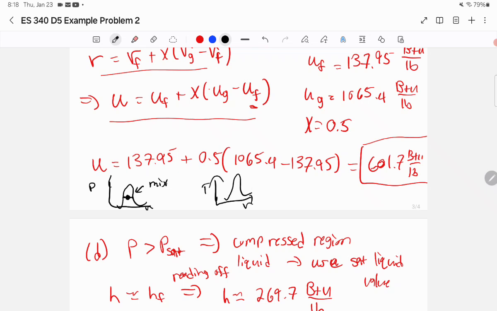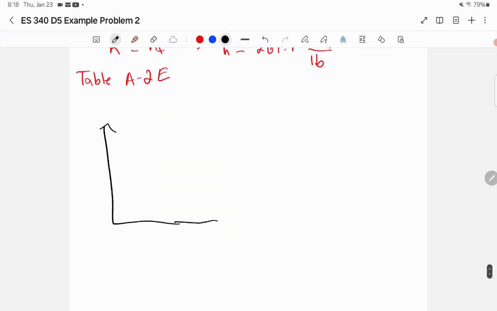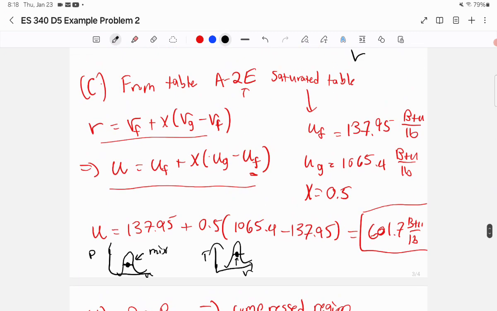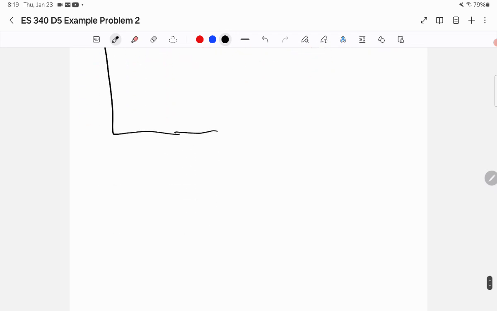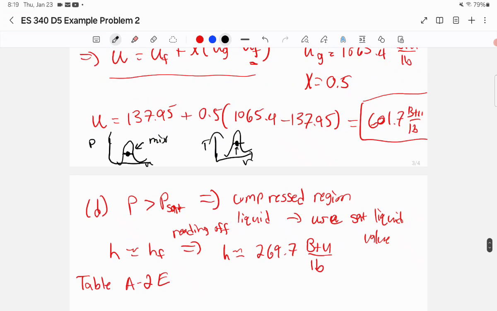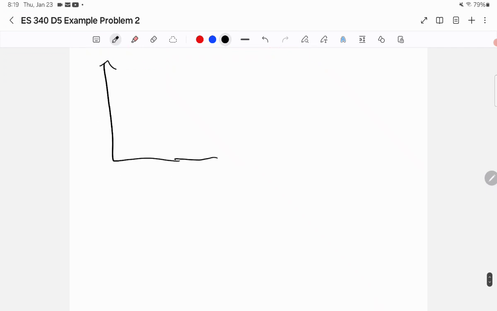It's got to be halfway in between. So it's in between the curve there. Not on the right, not on the left, but in between. And by the way, if there was a value that was actually a saturated value, it would land right on the curve, right? So we can keep that in mind.